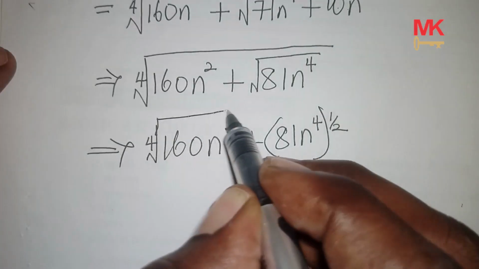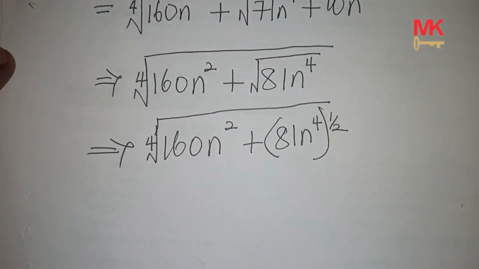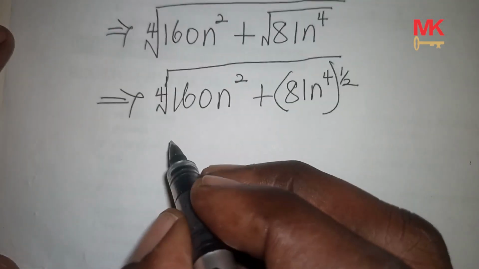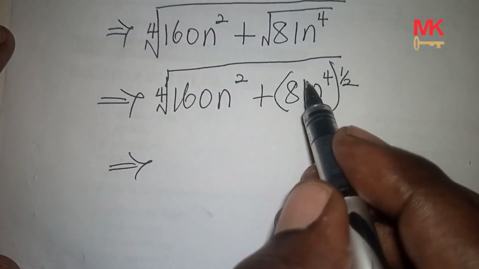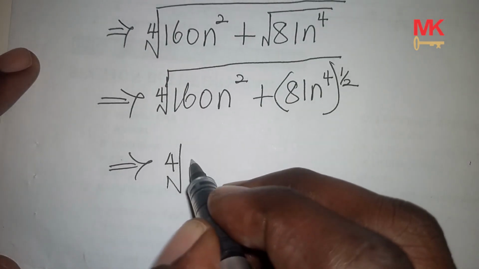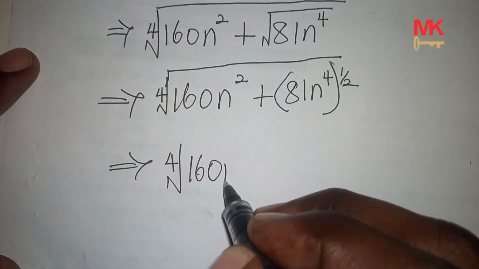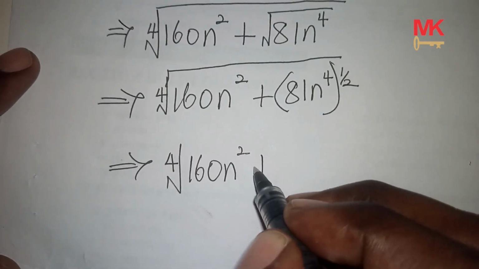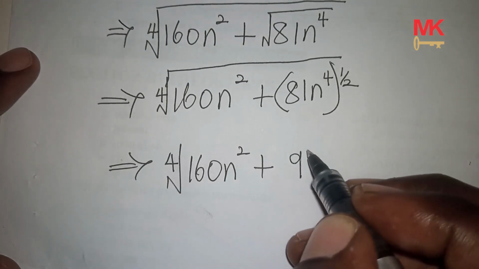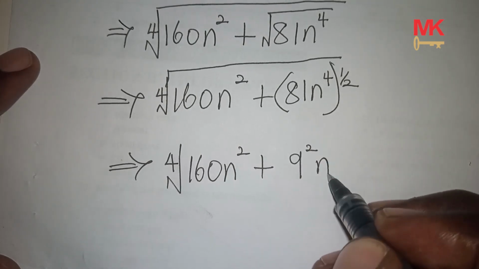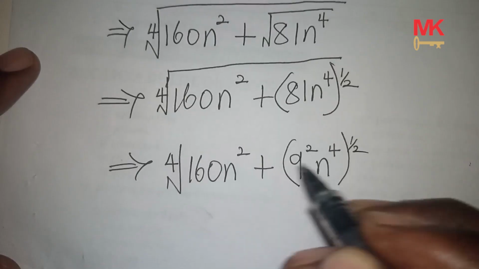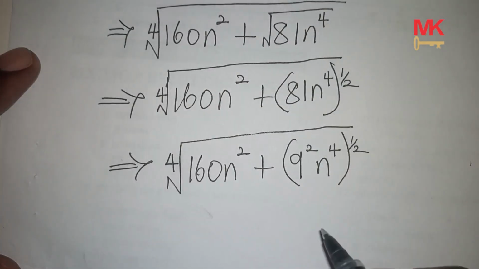So we still maintain our fourth root. So from here, we'll expand this again to have the fourth root of 160n squared plus again 81 is written as 9 squared, then n raised to power 4, all raised to power half, then we close our fourth root.